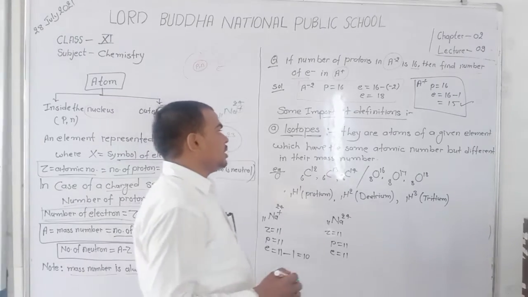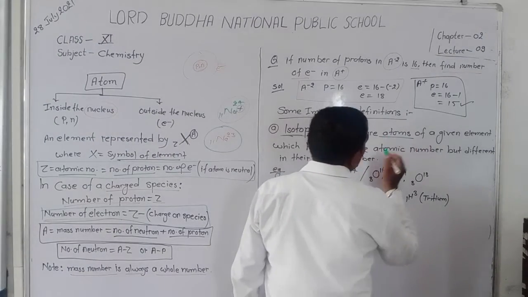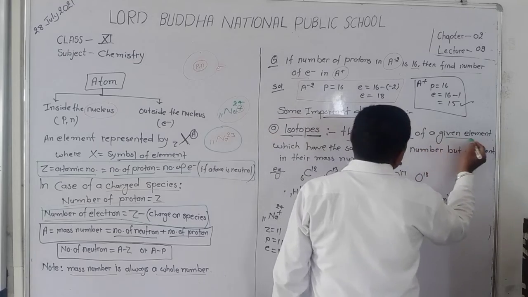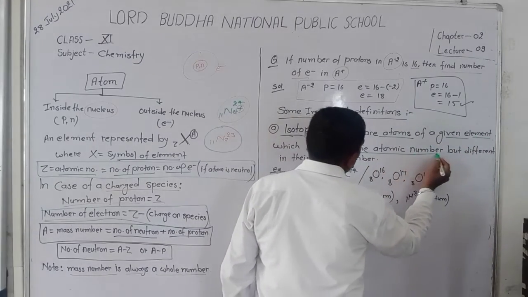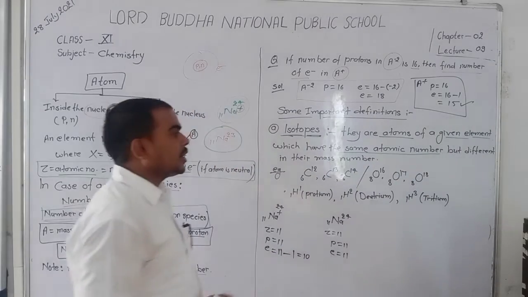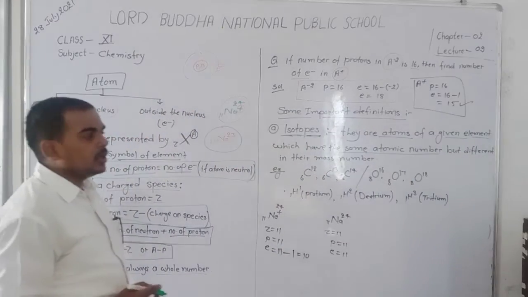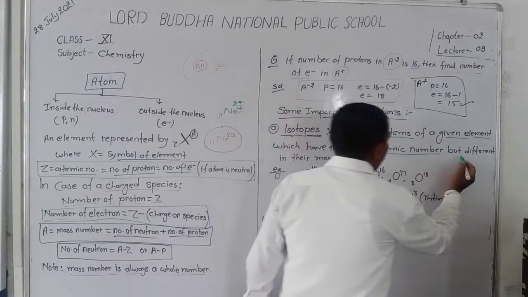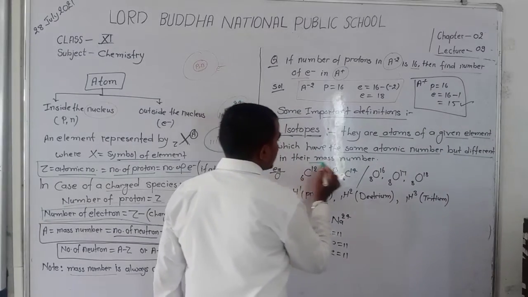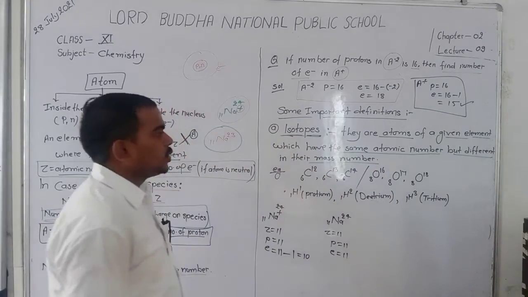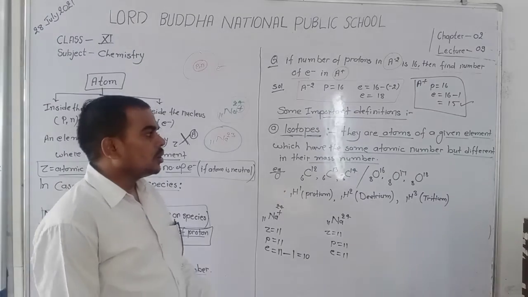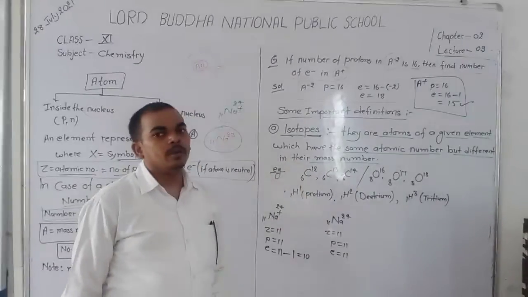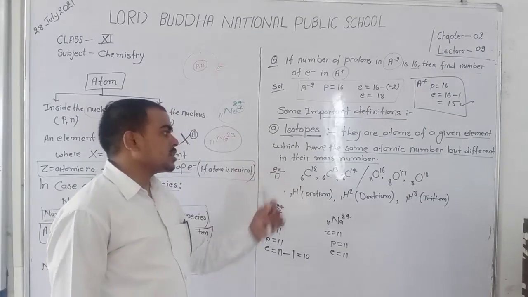Dear student, they are the atoms of a given element which have the same atomic number but different mass number. Isotopes are the atoms which have the same atomic number but different mass number.